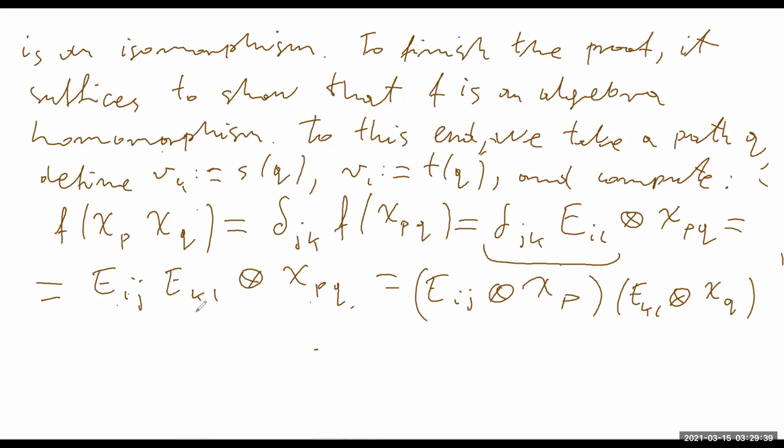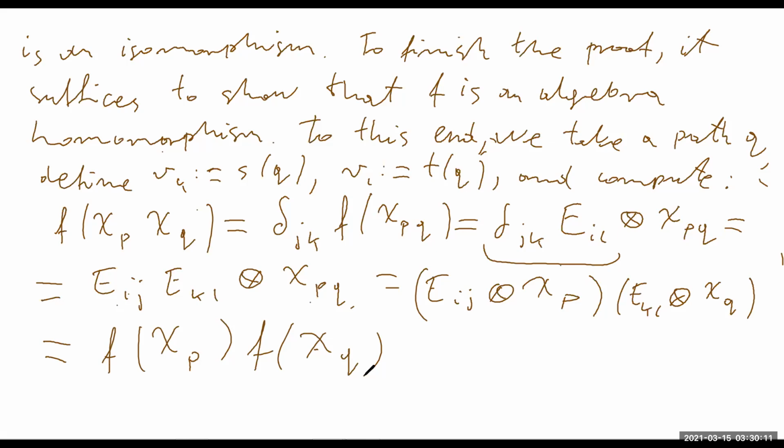These two, then j is different from k, and these two elementary matrices will multiply to 0. So sort of the Kronecker delta is already in the multiplication of elementary matrices. And when this product is non-zero, then I have that the end of P is the beginning of Q. So chi P times chi Q is in fact not 0, but chi PQ. Well, but then of course, this is precisely f of chi P times f of chi Q.